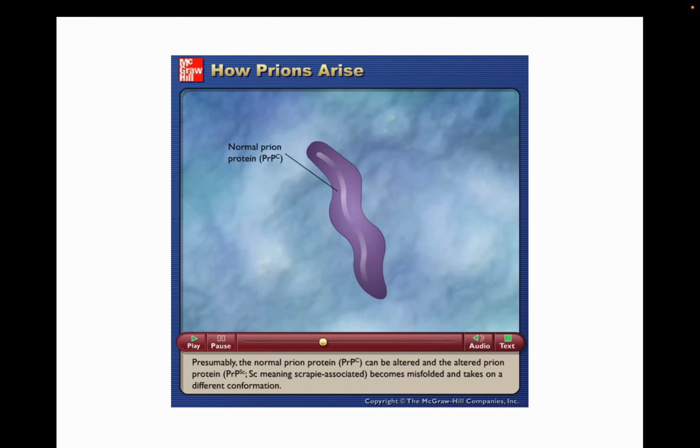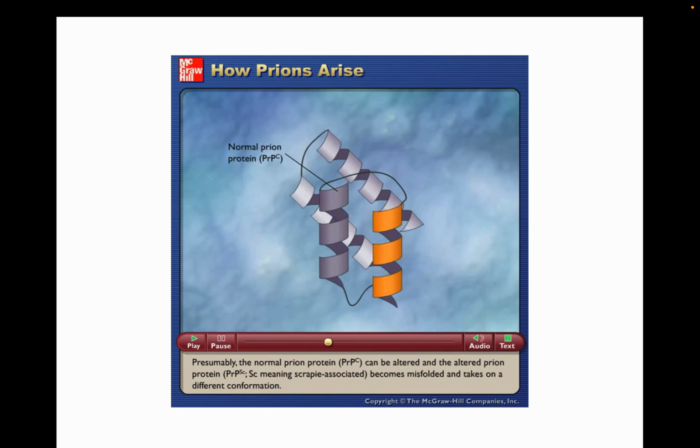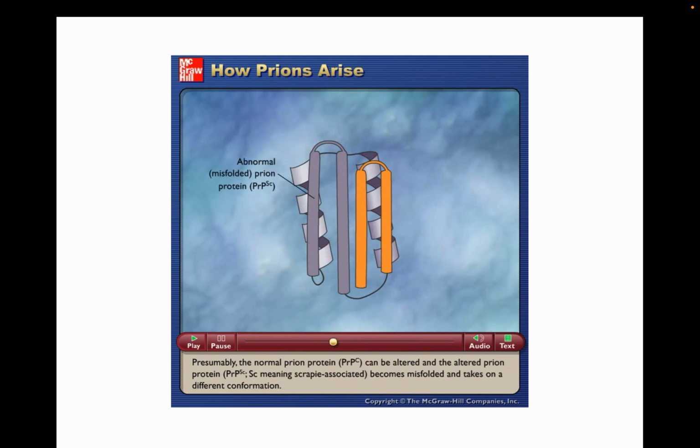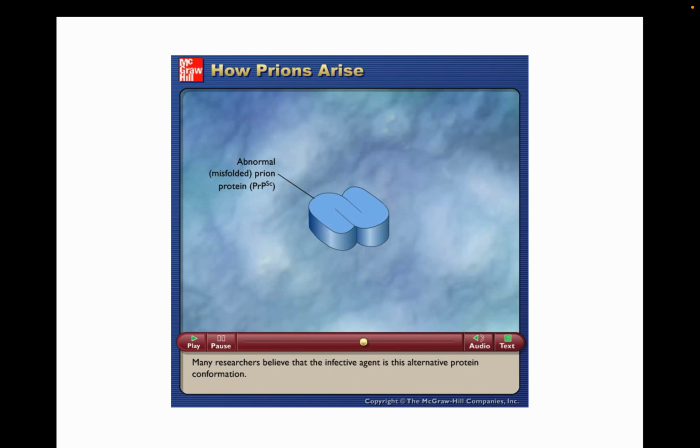Presumably, the normal prion protein, PRPC, can be altered, and the altered prion protein, PRPSC, SC meaning scrapie associated, becomes misfolded and takes on a different conformation. Many researchers believe that the infective agent is this alternative protein conformation.